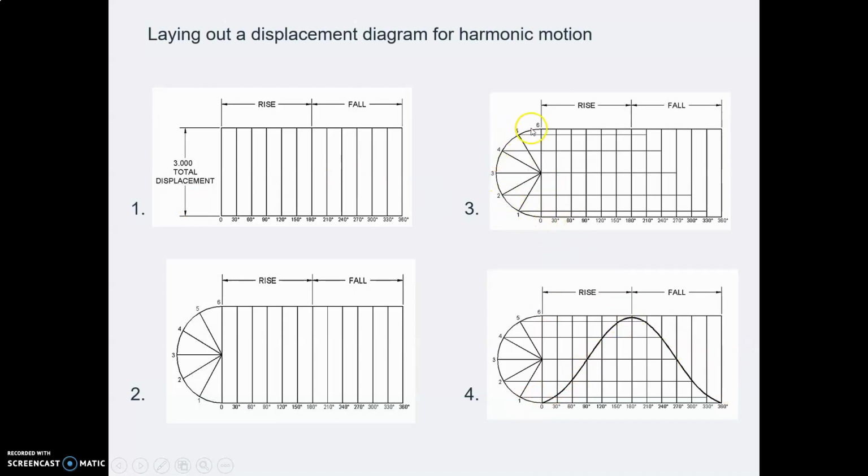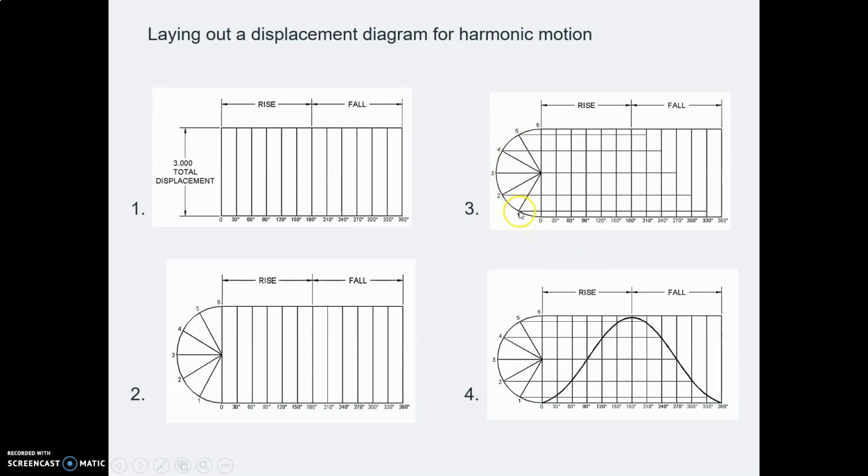You put half a circle on the end of your graph. However big the graph is, that's how big you make your circle. And you divide that half circle into 6 wedges. This is 180 degrees of circle, and so these must each be 30 degrees of angle.